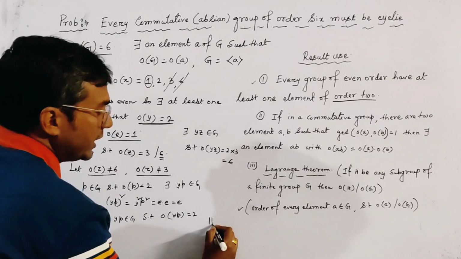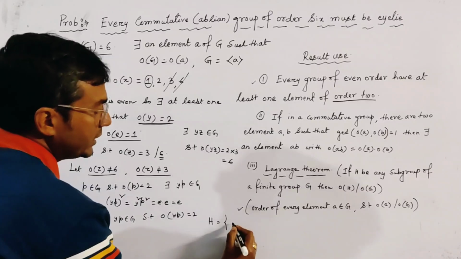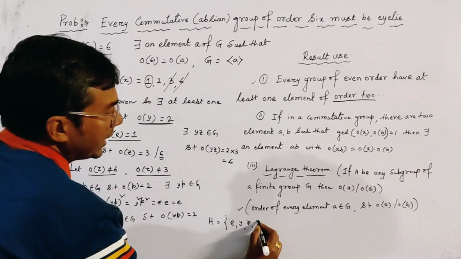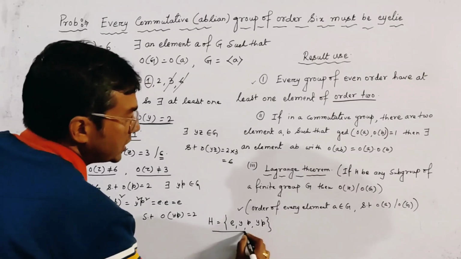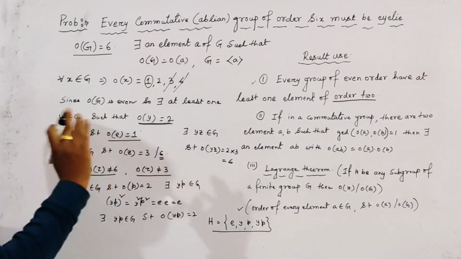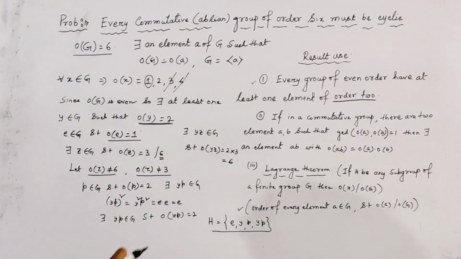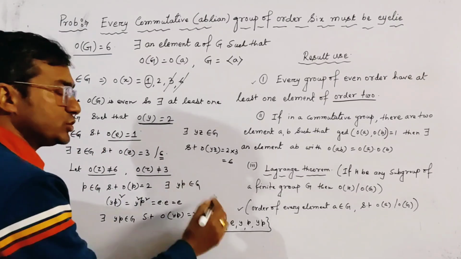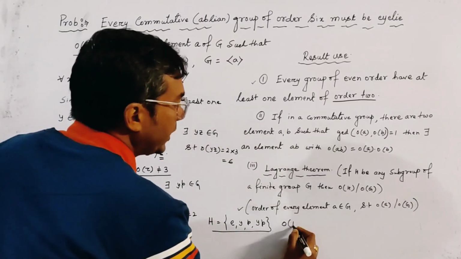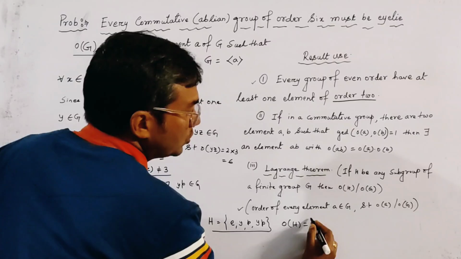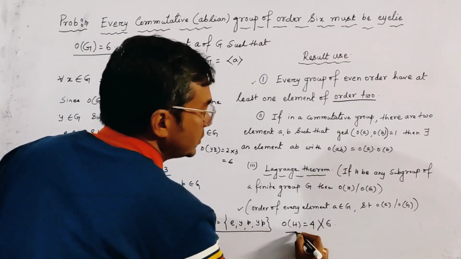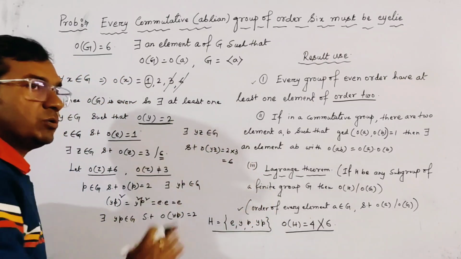Also we form a subgroup. Let H be given by E, Y, P and YP, because the closure property holds here and all the group properties hold for this subgroup. Since H is a subgroup of G, clearly the order of H is equal to 4, but this does not divide 6, so this contradicts the Lagrange theorem.